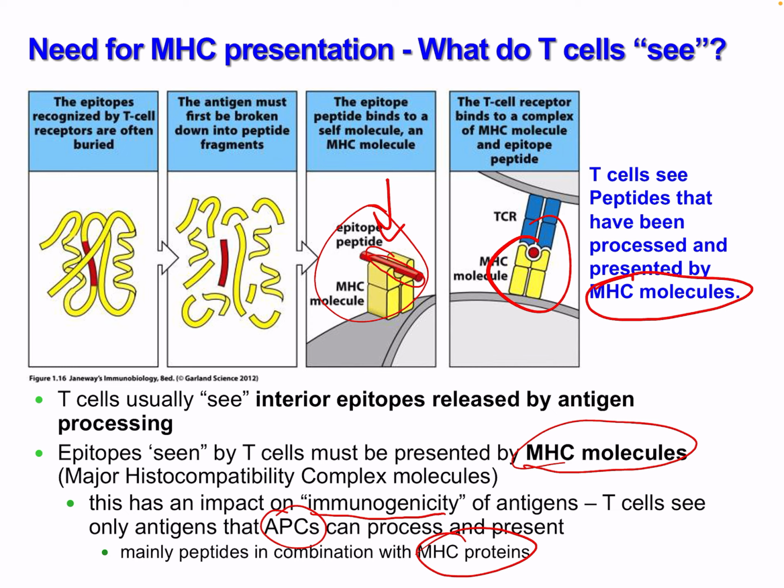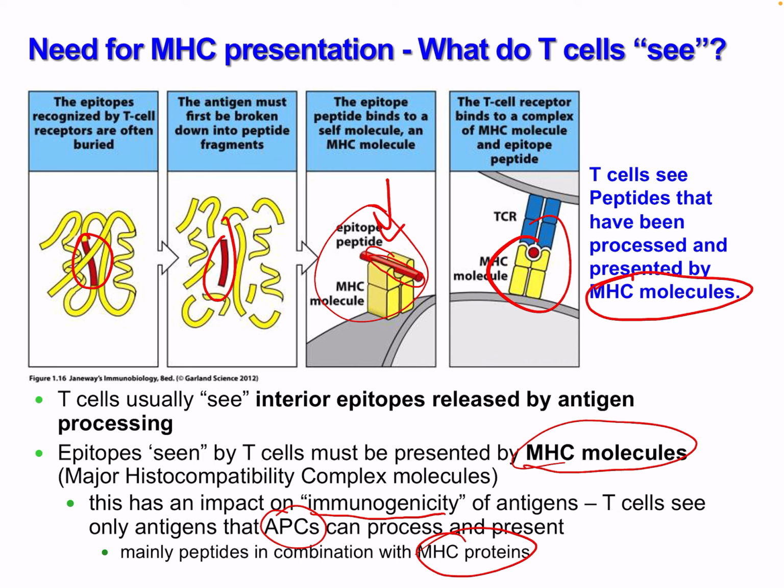So many peptides in combination with MHC proteins. Here we can see the epitopes recognized by the T cell receptors are often buried. The antigen must first be broken down into peptide fragments. This is done in the cell, and then the epitope peptide binds to a self molecule, an MHC molecule. So now it takes that peptide and presents it to the surface.